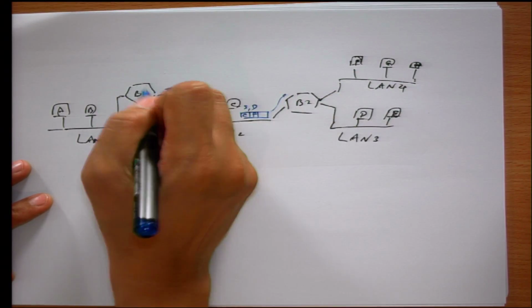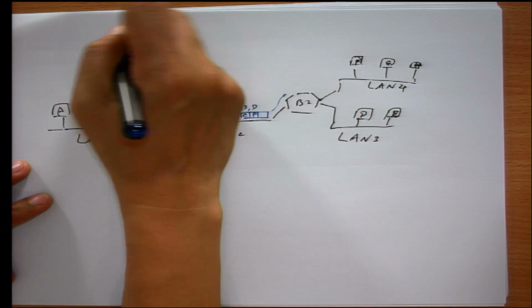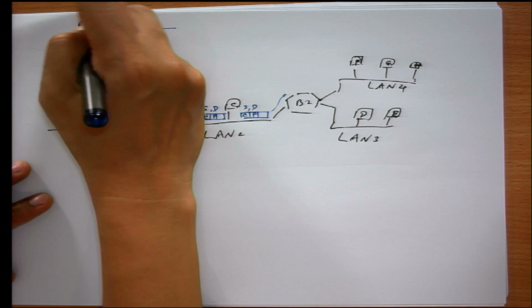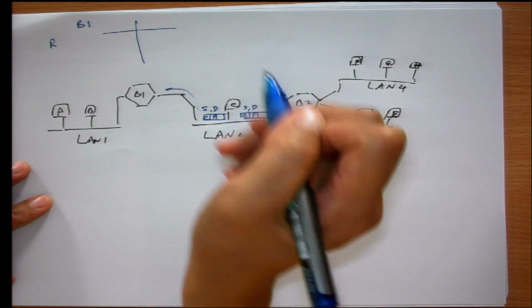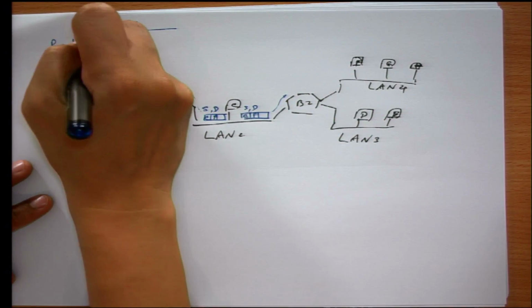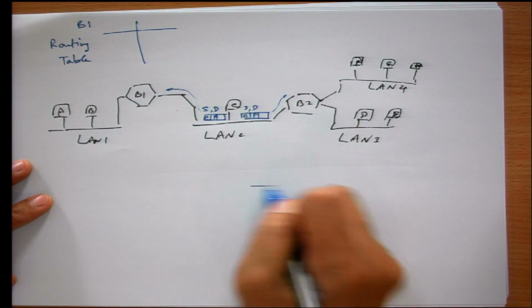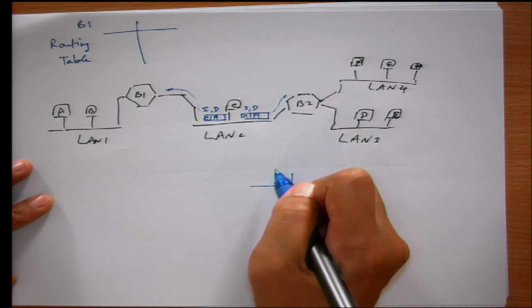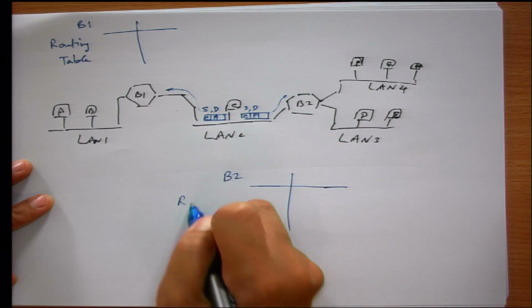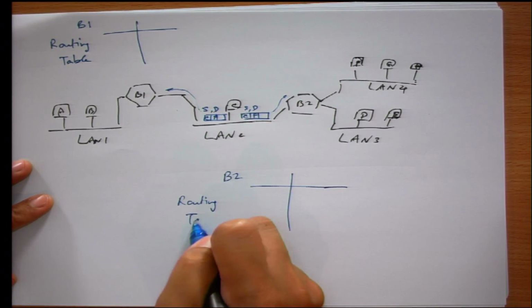At first, the routing table in bridge 1 is empty, right? This is bridge 2. The routing table is also empty.